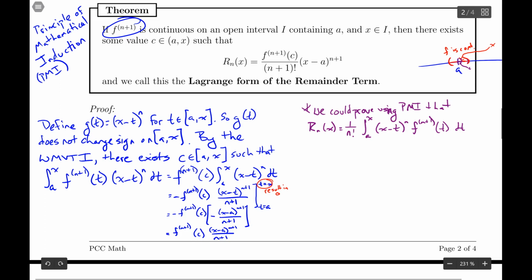This is a fact from analysis that we could use, but it's just slightly beyond what we want to do. But we still do want to utilize this.